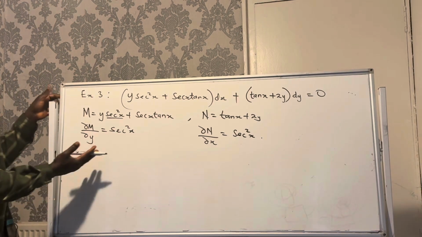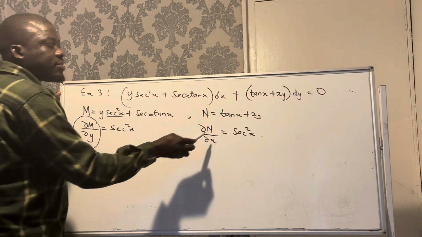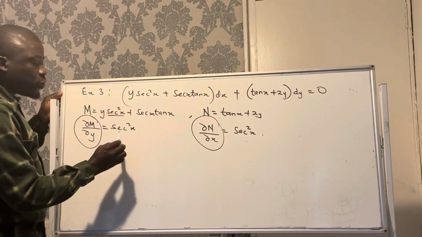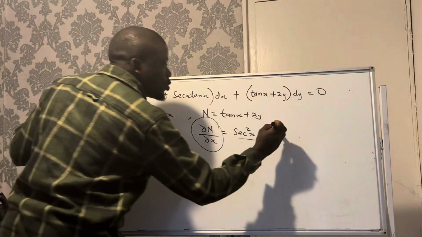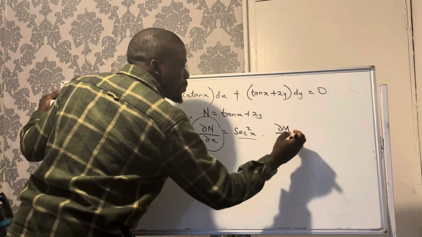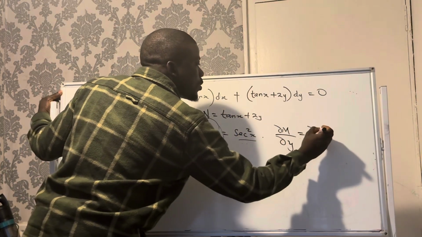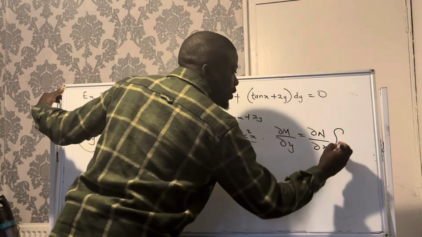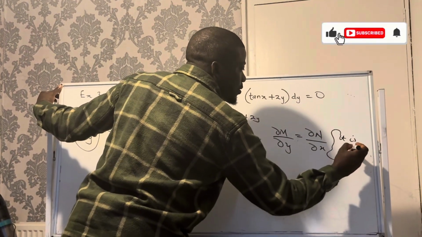Now we can confirm from this that our partial m with respect to partial y is equal to partial n with respect to s, because we got both sec square s and sec square s. So partial m partial y equals partial n partial s. So we can say the differential equation is exact.